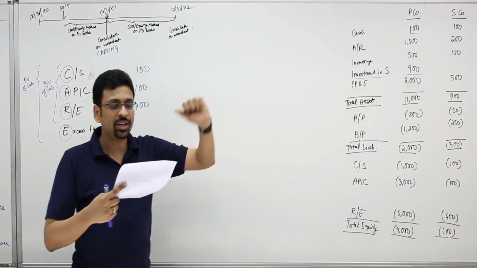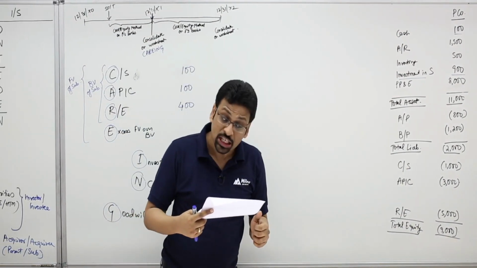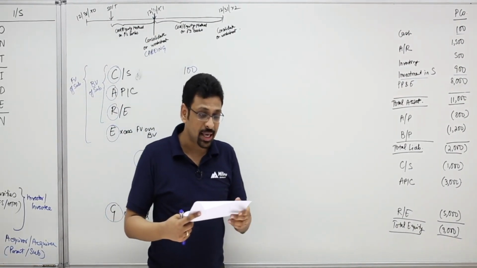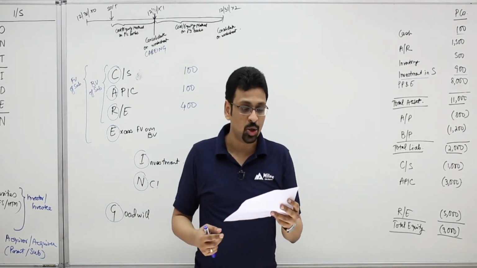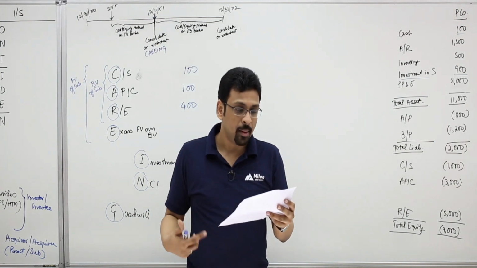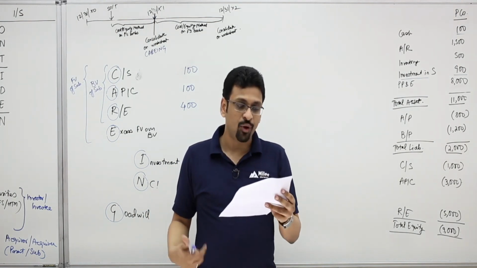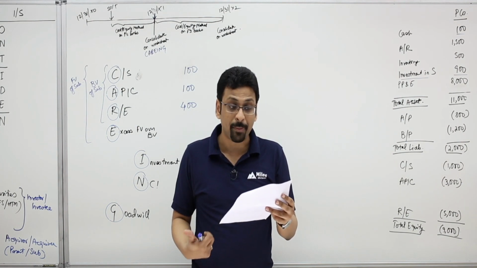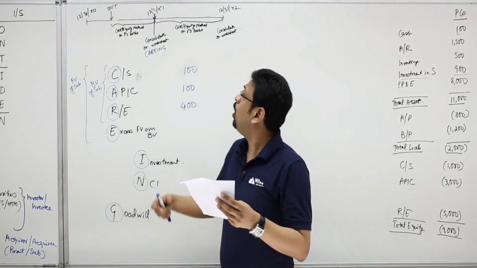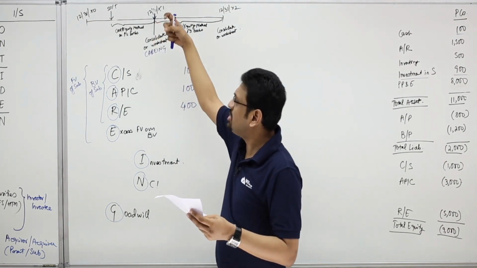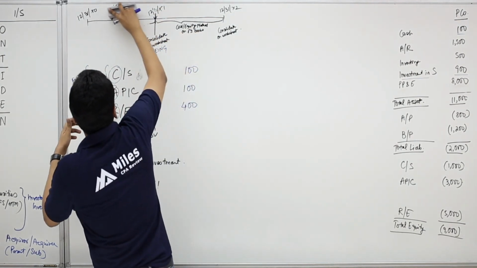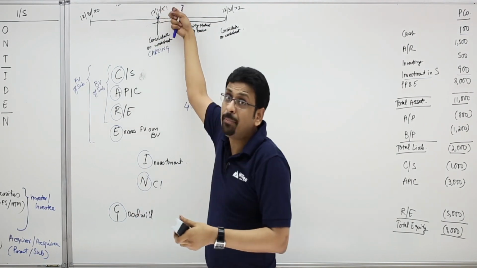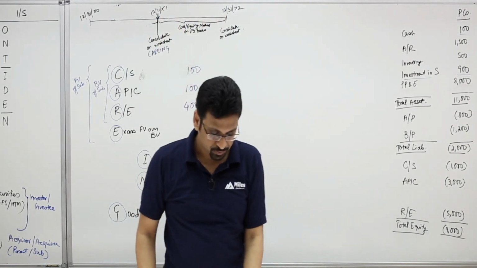At the time, all of the assets and liabilities had fair values equal to their book values with the exception of equipment with a remaining life of 5 years and a fair value $100 higher than book value. Prepare journal entry for acquisition and consolidation and prepare balance sheet after consolidation on 12/31/X1. So the acquisition happened on this date, and we are preparing the consolidated balance sheets as of the same date.